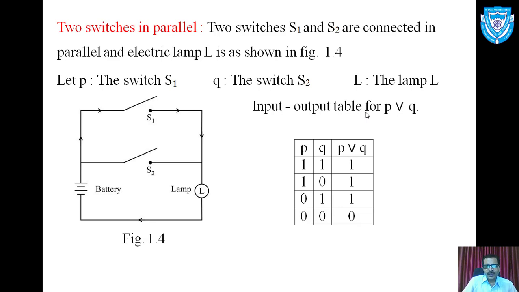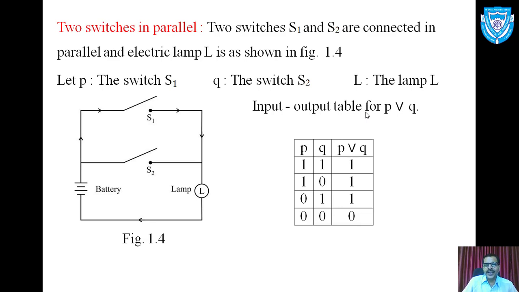See, the first column is P, the second is Q, and the third is P or Q. Now in the first row of the table, P is 1, Q is 1, meaning that switches S1 and S2 are both in the on state. So the current reaches from the battery to the lamp and the lamp L glows.